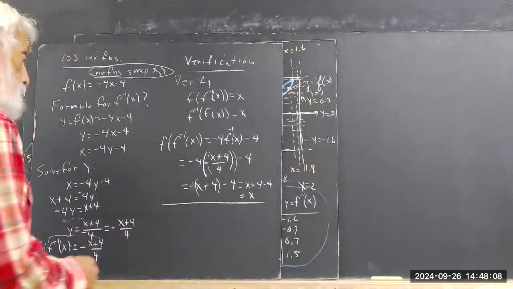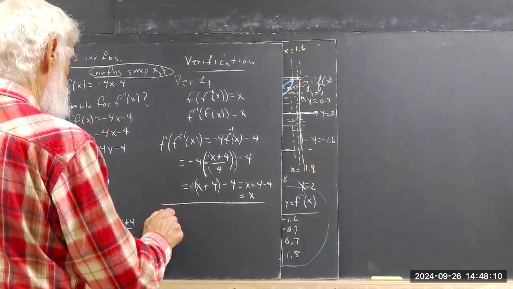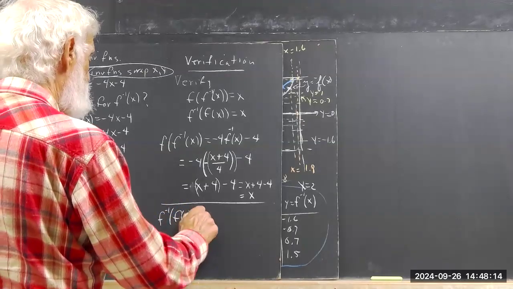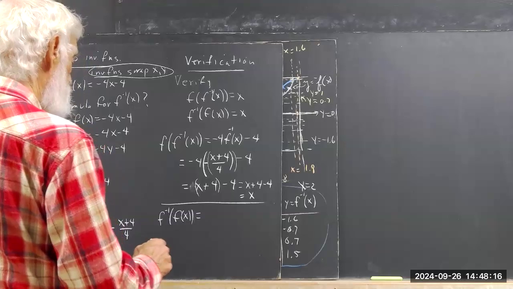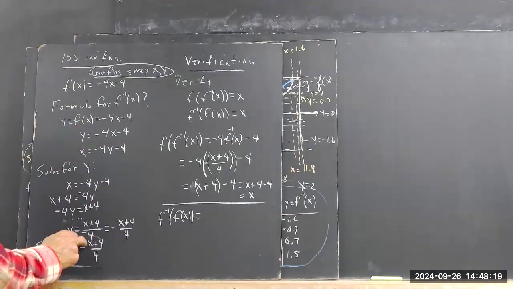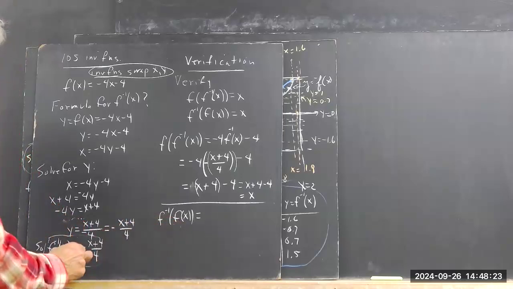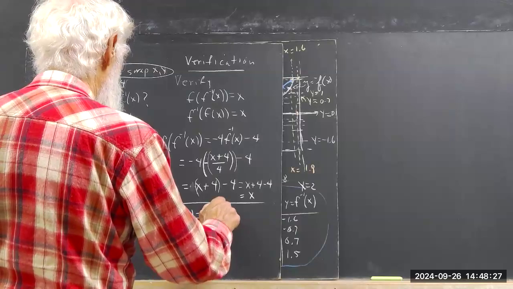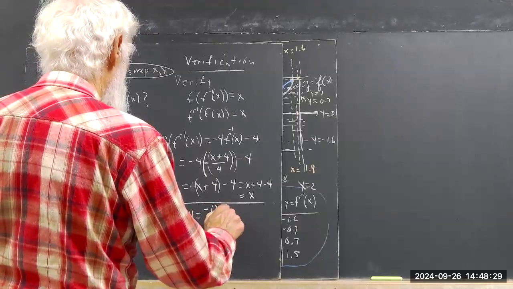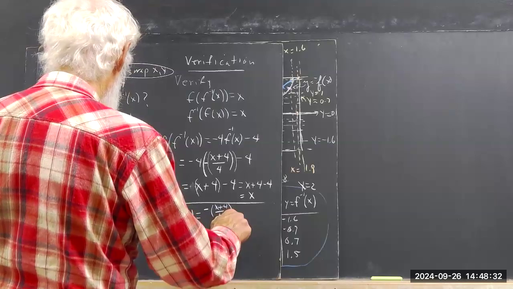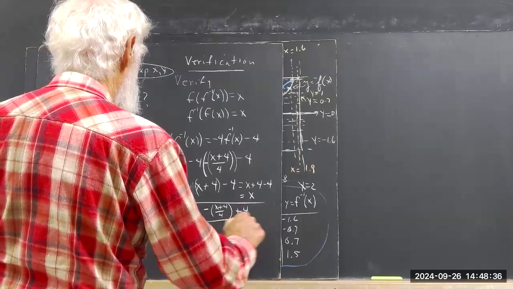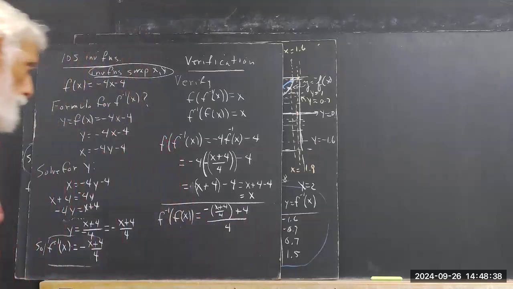Okay. Now, f inverse of f of x equals what? Well, f inverse of x is negative x plus 4 over 4. So if I replace x by f of x, this becomes negative of x plus 4 over 4 plus 4 over 4.